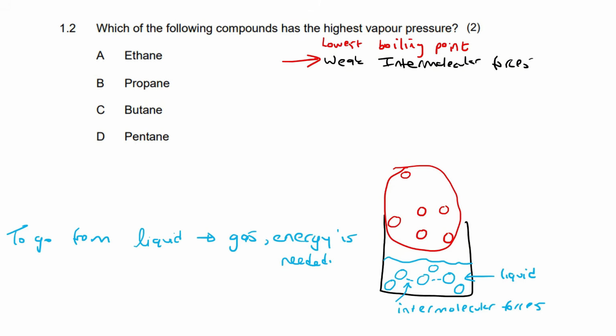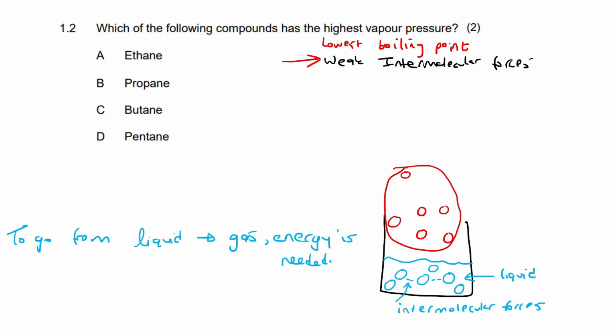Now, what we need to identify is that all of these are alkanes. They're just simple alkanes. This is a 2-carbon, 3-carbon, 4-carbon, 5-carbon. I don't know if you've gone over this before, but we know that with alkanes, the only intermolecular force between them is London forces. You know, we get London, dipole, hydrogen.